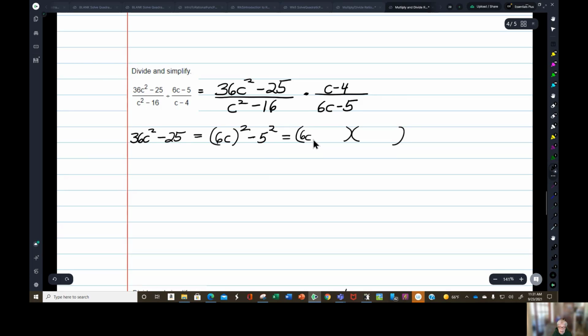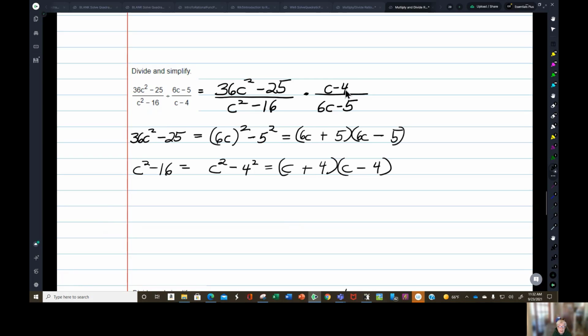So I'll have 6c plus 5 and 6c minus 5. c squared minus 16 is a definite factorization by the difference of squares: c plus 4 and c minus 4.